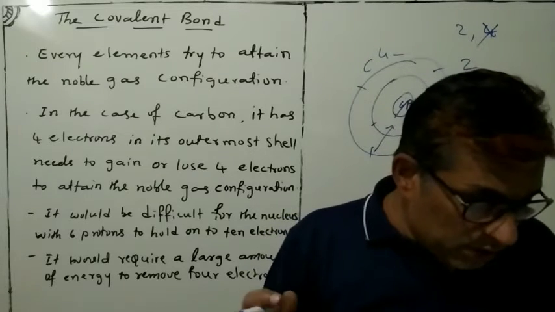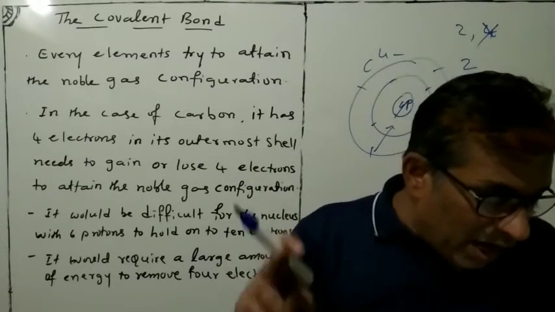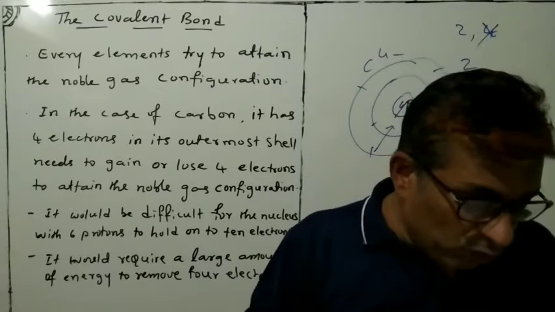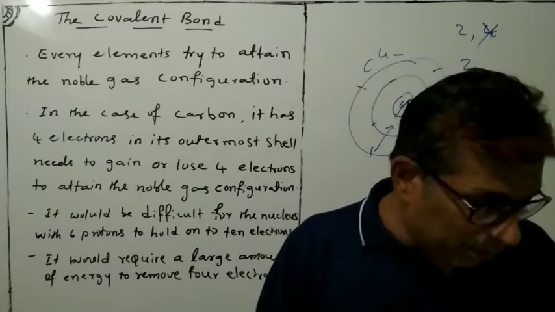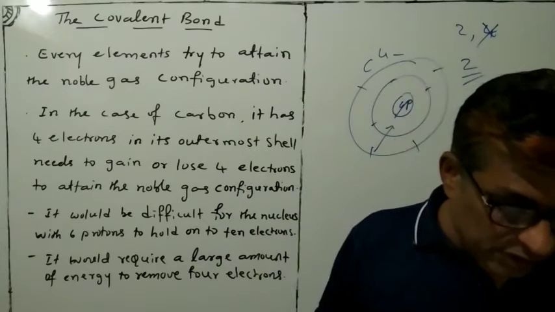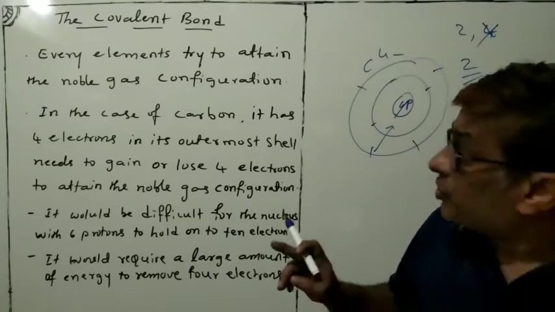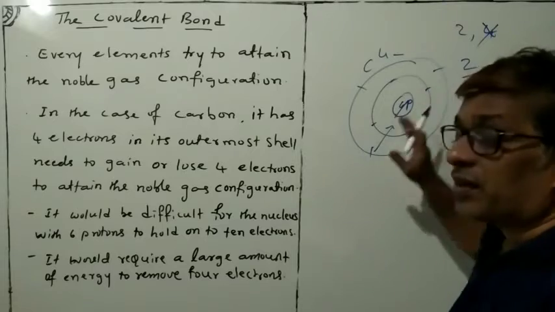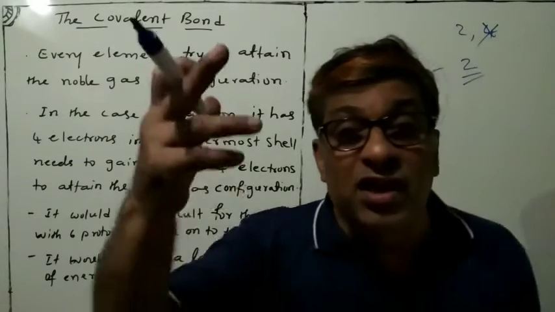So a large amount of energy would be required to remove the 4 electrons, leaving behind only 2. A carbon nucleus with 6 protons holding on to just 2 electrons is not possible. So these are the two conditions.